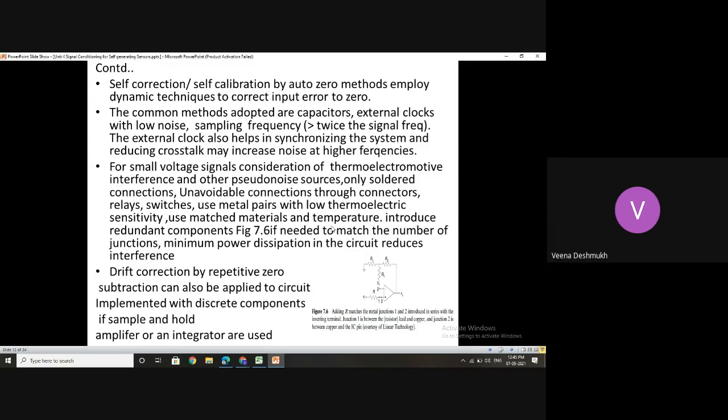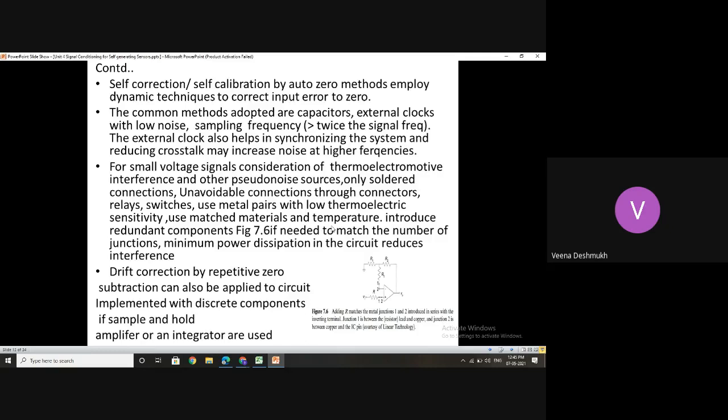But whenever such systems are in place, one should be careful about the thermo-electromotive forces, or the EMFs, which are getting generated here. Because we know that if a resistor is maintained with one end at one temperature and the other end at another temperature, then due to the difference in temperatures across the resistor, there is a possibility of thermo EMF getting generated.